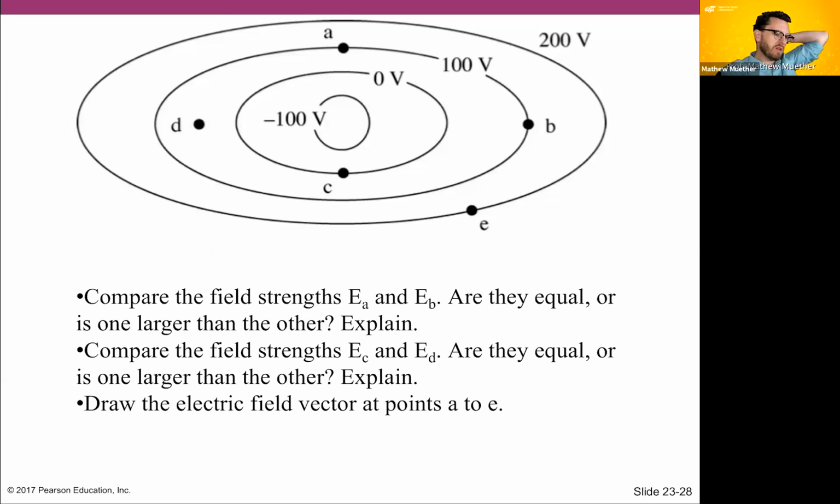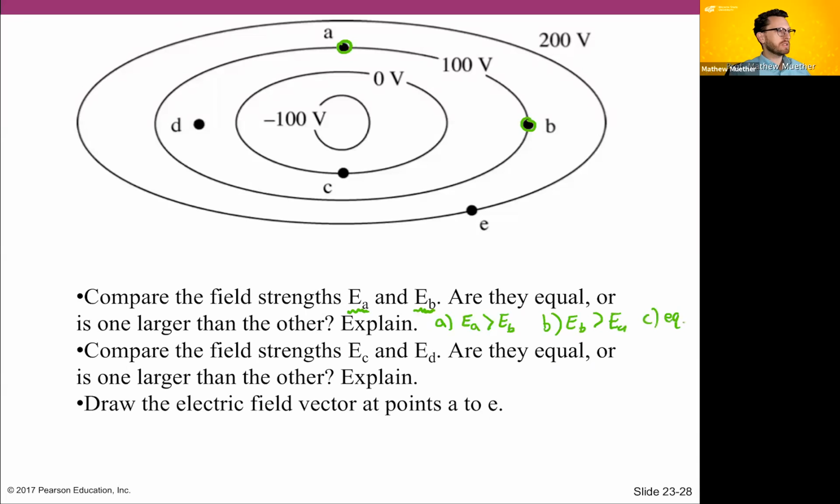So let's start by comparing points A and B. We want to compare the strength of the electric field at both of those positions. Are they equal? Is one larger than the other? I'm going to open up a poll and you're going to have 3 choices. You're going to pick A if you think EA is larger than EB. You're going to pick B if you think EB is the larger. And you're going to pick C if you think they're equal. Okay. So let me see what you think.